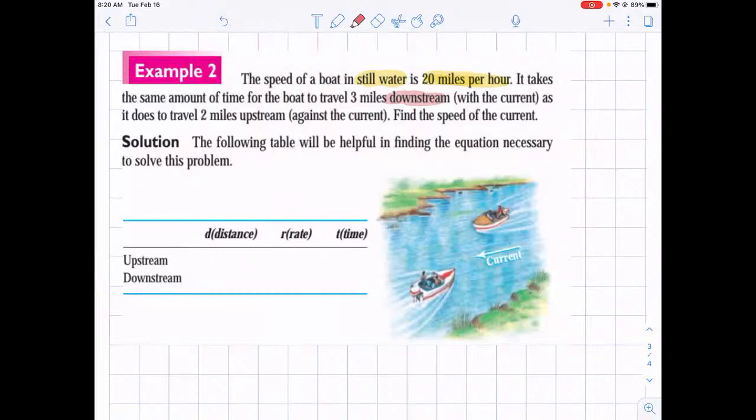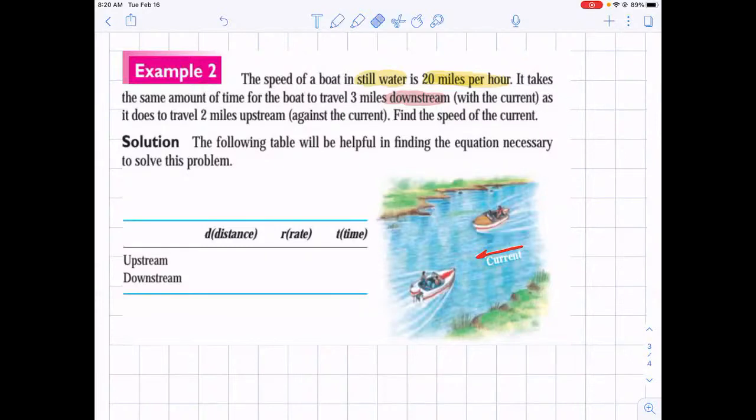If you look at the diagram, if the current is traveling this way, meaning the water, because the water moves depending on the tide, and the boat is traveling in the same direction, then you're going downstream.